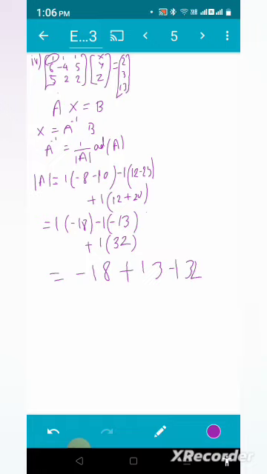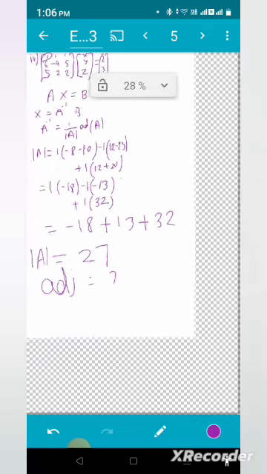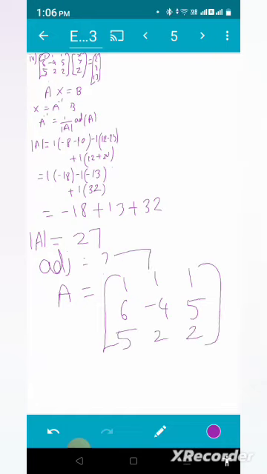We get 27 for the determinant value. We have to find the adjoint value. So A is equal to 1 1 1, 6 minus 4 5, 5 2 2. From this we have to find the adjoint value.